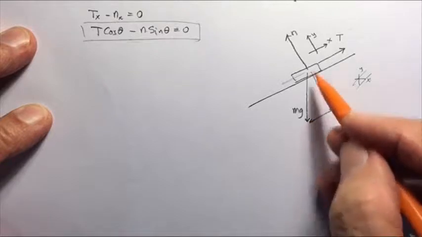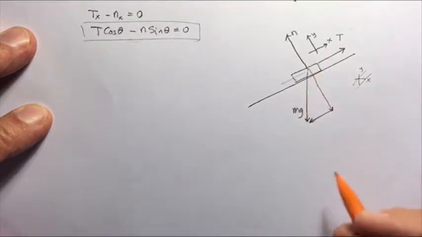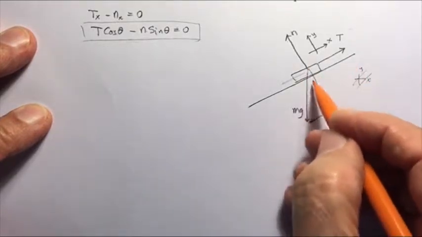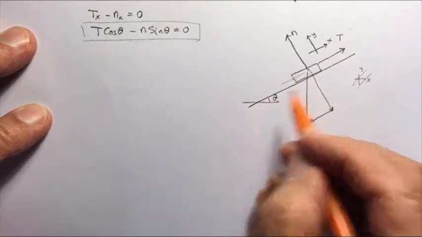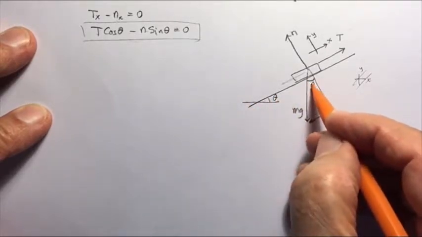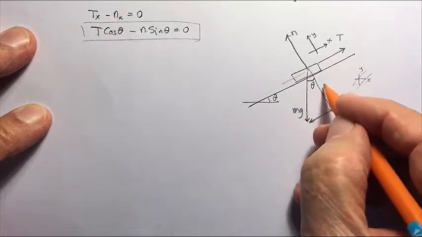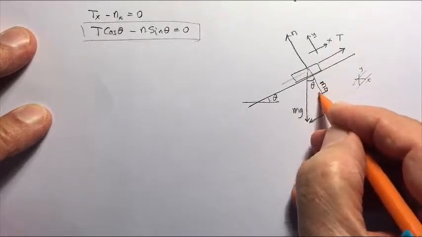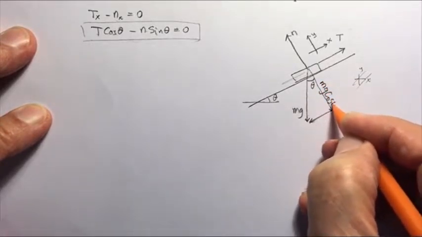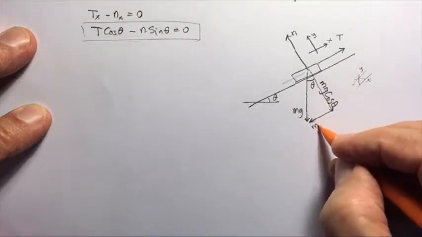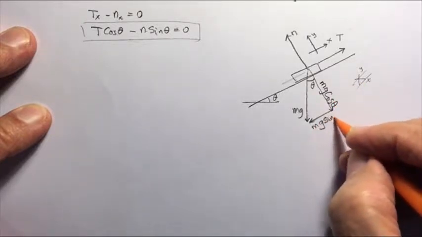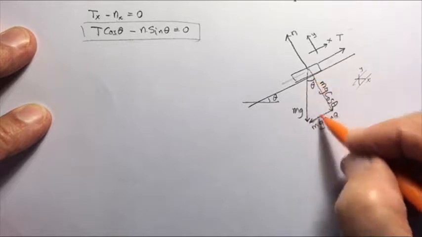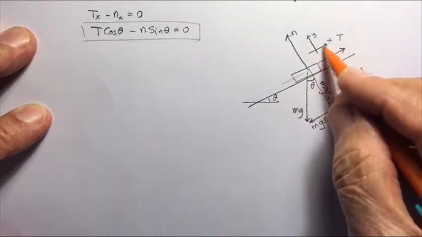Drawing it here sort of completes this right angle triangle. So this angle is theta, and by trigonometry this angle is theta. This side becomes mg cos theta, and this side becomes mg sine theta. Opposite to that is the sine theta, even though it's in the x direction.